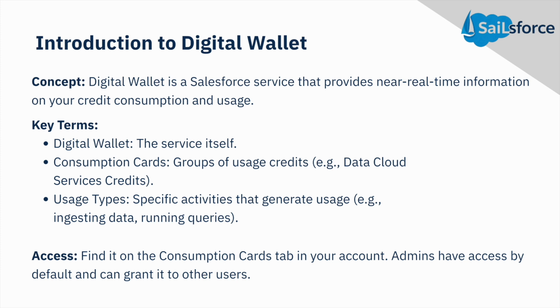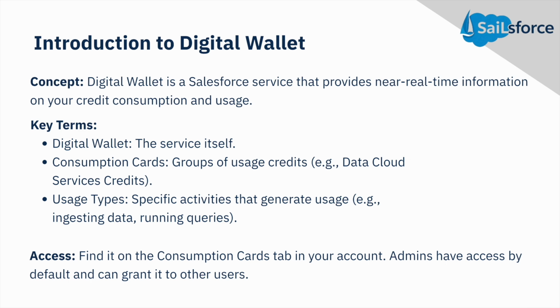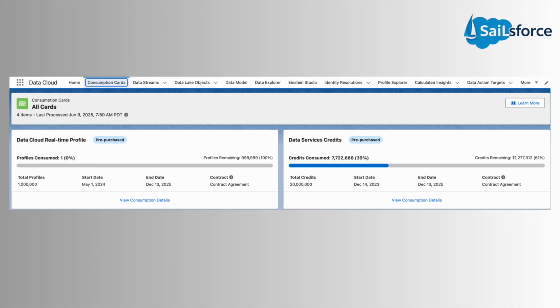The best part is you can pool usage across contracts, track your product usage, and spot trends so you can budget smarter. Once you have the right permissions, you see consumption cards in the app launcher. Here you will see all your products and entitlements in one place. If you click on a consumption card, you get detailed charts and insights.